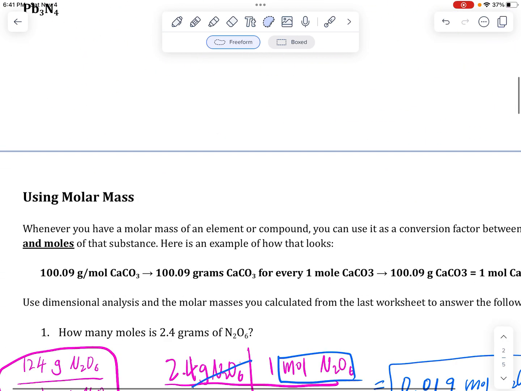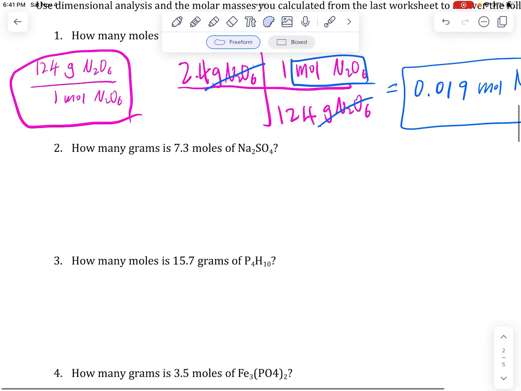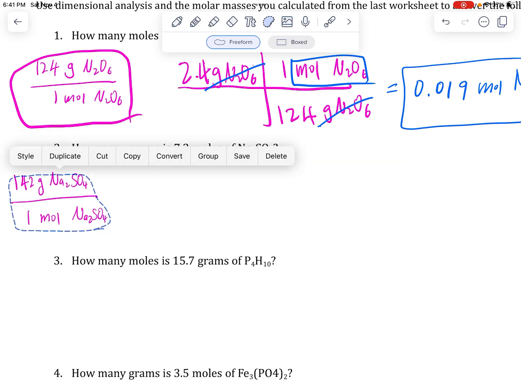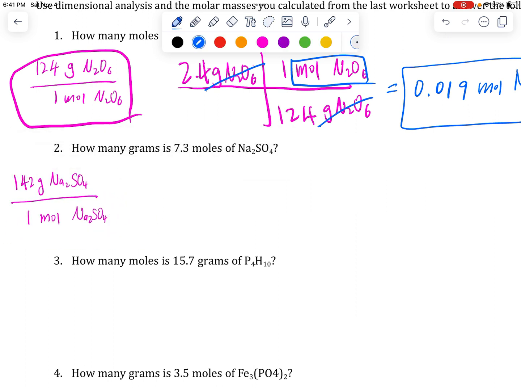Copy that, and I'm going to bring that down right over here. There you go. Okay, so what am I trying to do here? I'm converting 7.3 moles into, okay, how many grams does that actually make up? So I'm beginning with 7.3 moles of sodium sulfate.